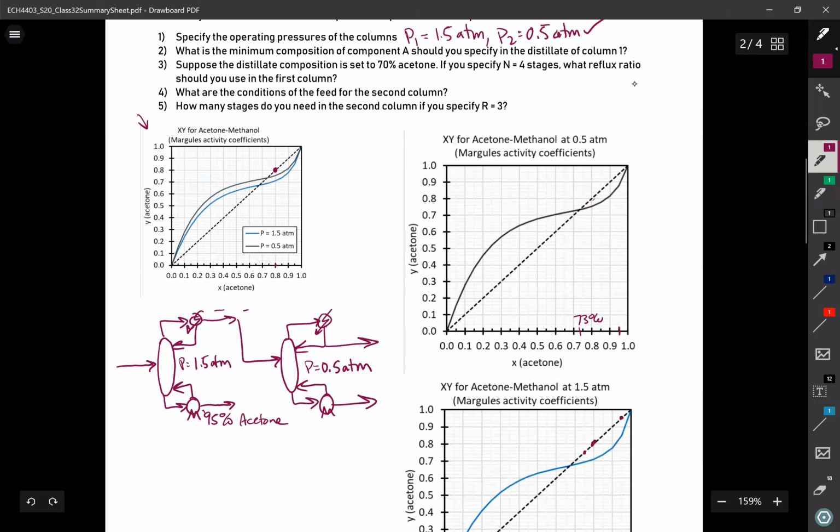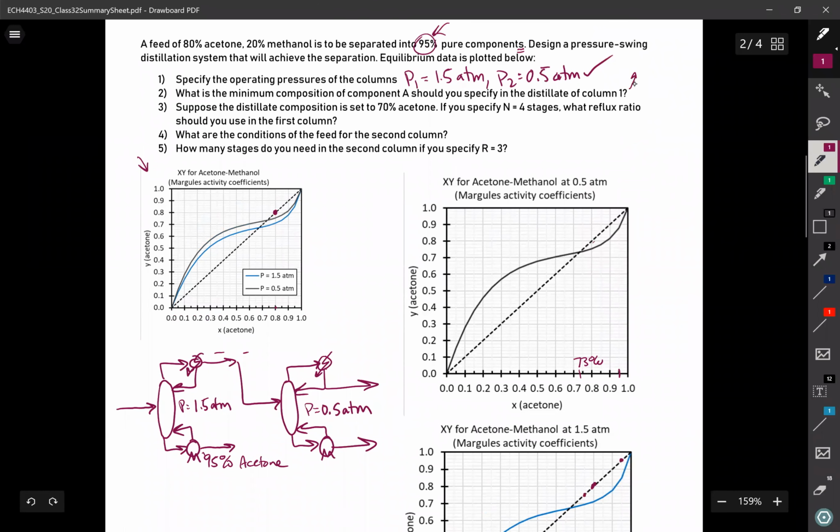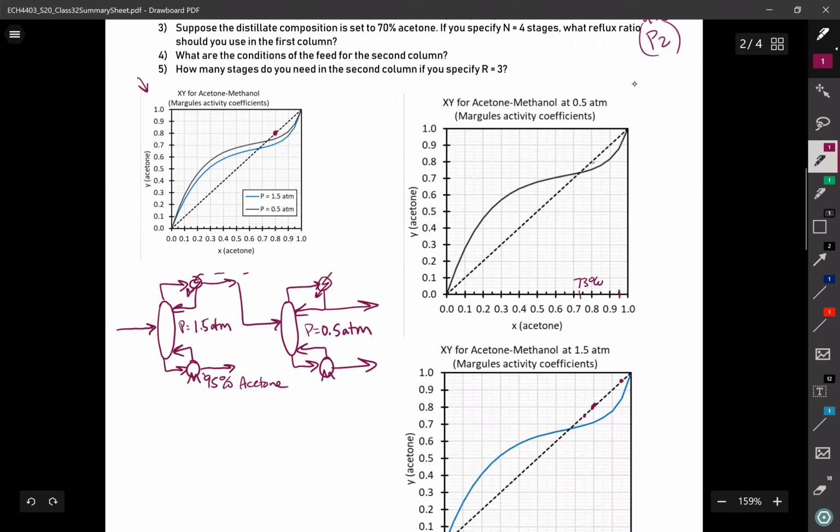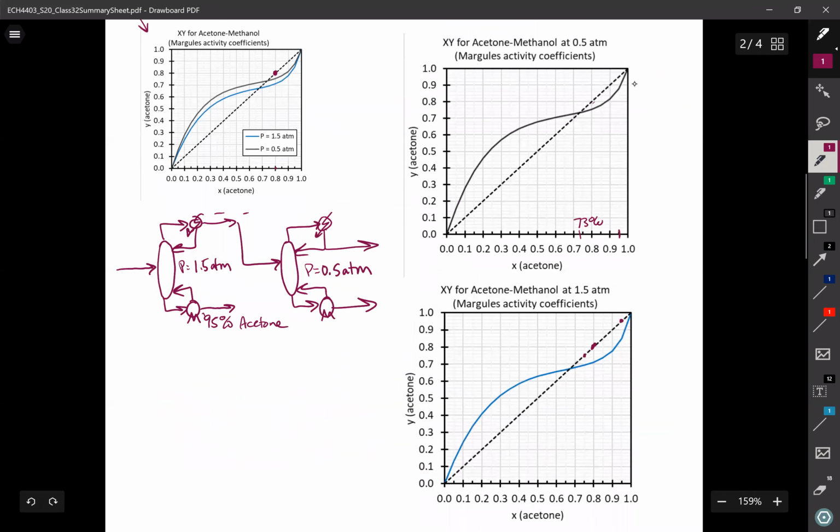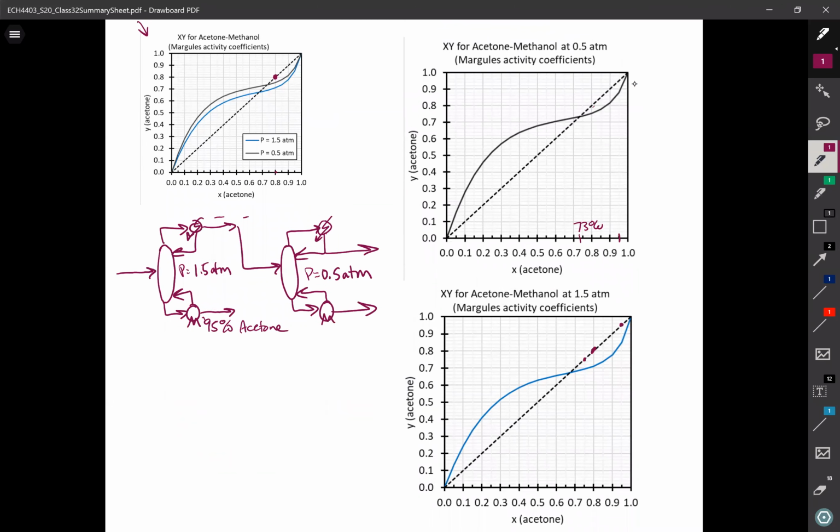So for question 2, I want to get to the other side of the azeotrope, but specifically the other side of the azeotrope for pressure 2. So looking at what the azeotrope for pressure 2 is, it's going to be about 73%. In other words, I have to get to at least 73% or less, right? So it'd be even better if I got to 70% pure.